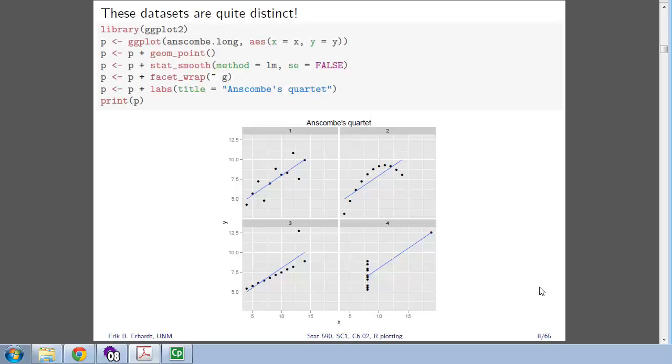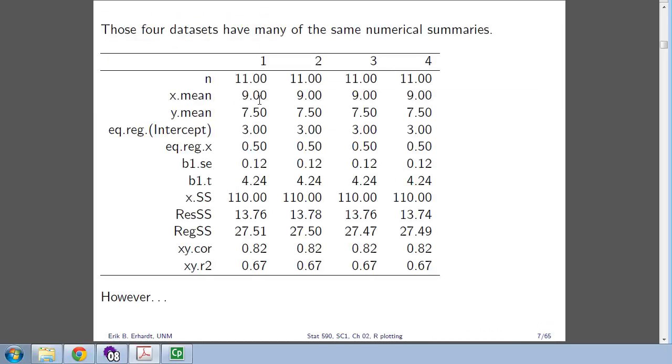So I've plotted the four data sets. I've overlaid a regression line just for emphasis. And you can see these are wildly different. Number 1 is probably what you would be thinking of for a standard scatter plot, and the summaries on the previous page look pretty good.